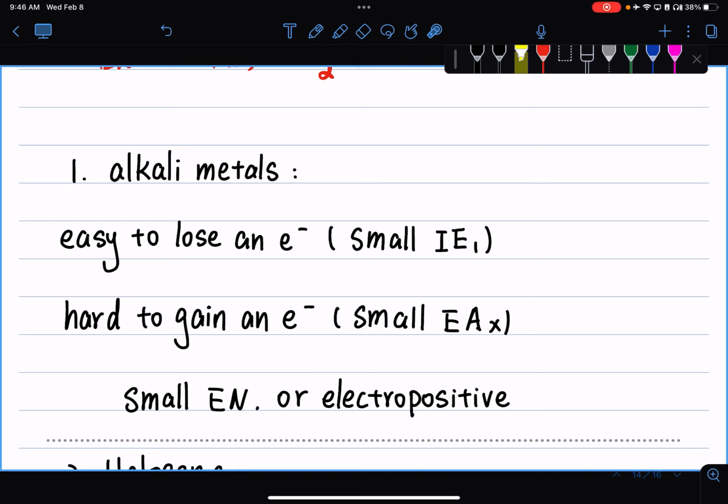It's hard for it to gain an additional electron as well, because you start from the period 1, and to gain an additional electron, you're sacrificing that electron pairing energy. So for alkali metals, we're also expecting small electron affinity. So taken together, the alkali metals will have very small electronegativity, or we call these elements electropositive.